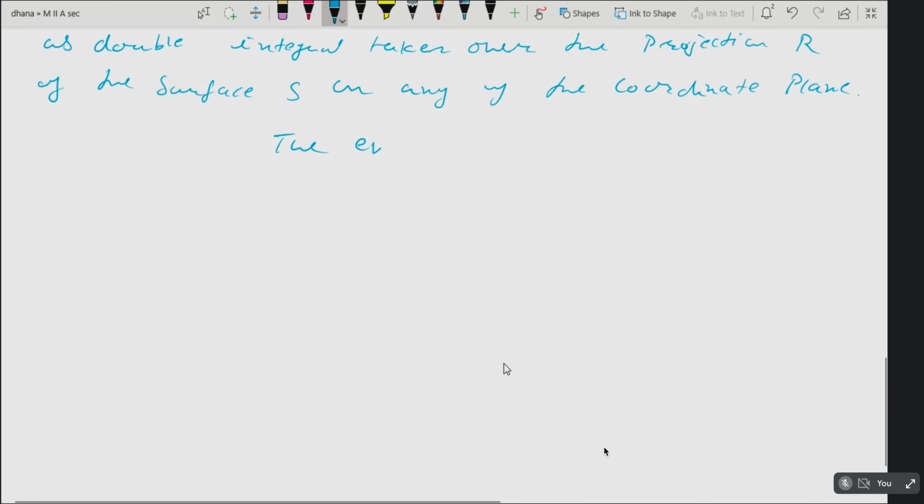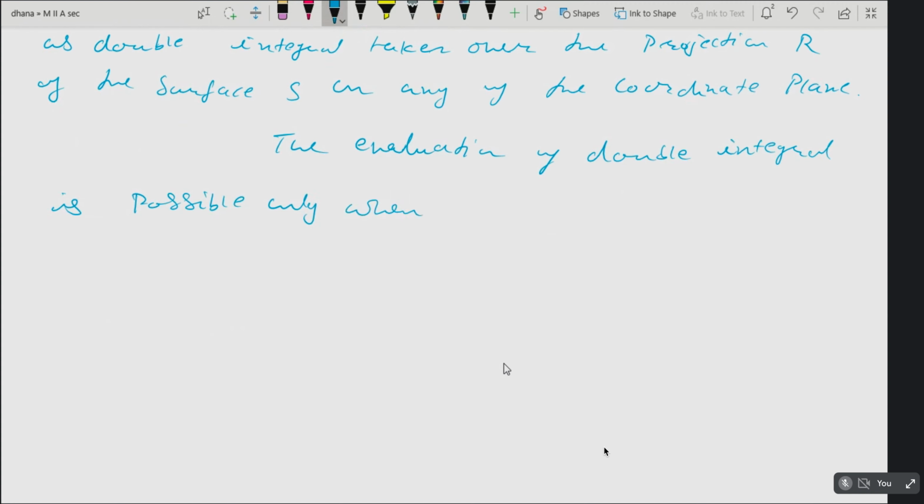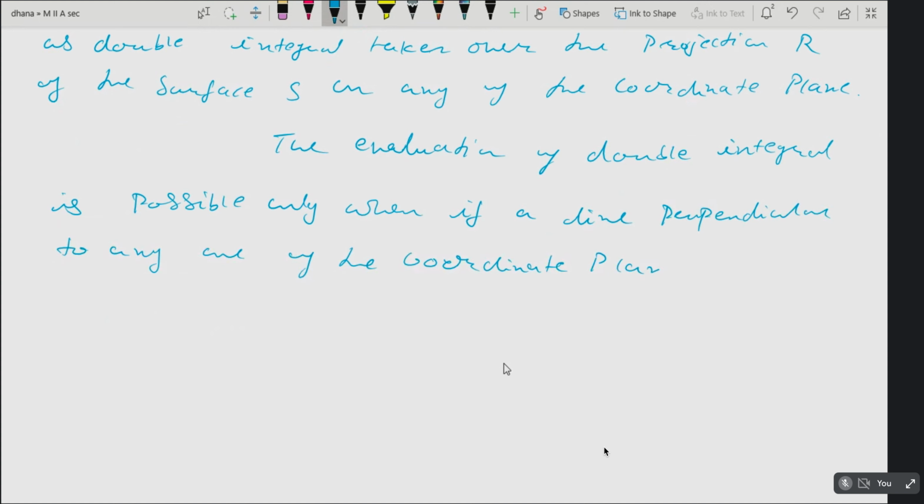So the evaluation of double integral, already you know how to solve the double integral, is possible here only when, this is a very important condition, if a line perpendicular to any one of the coordinate planes meets the surface at not more than 1 point.